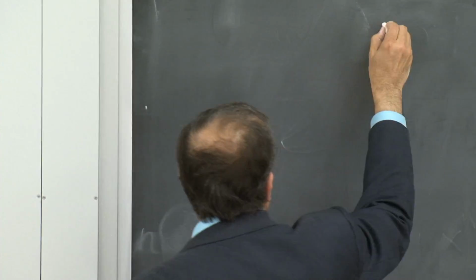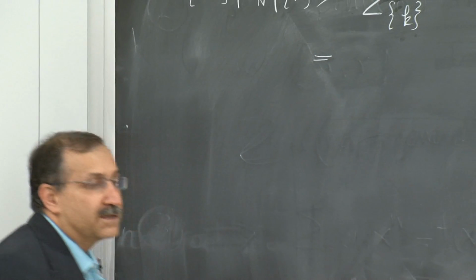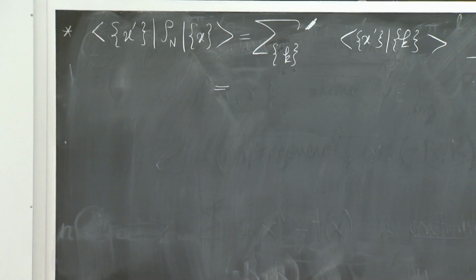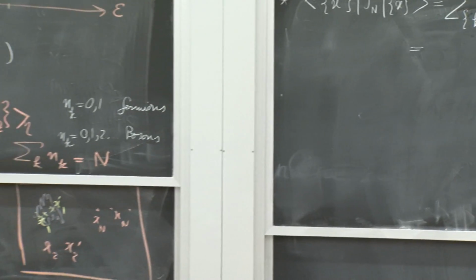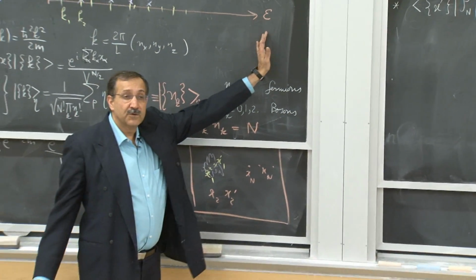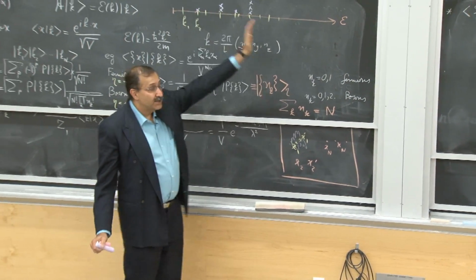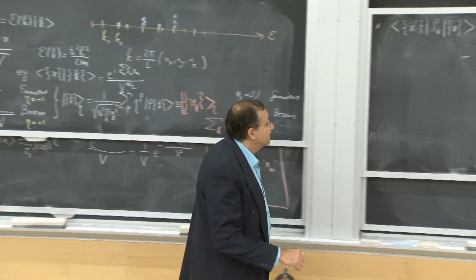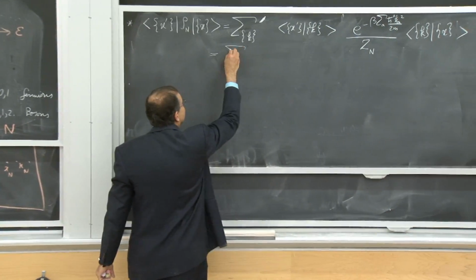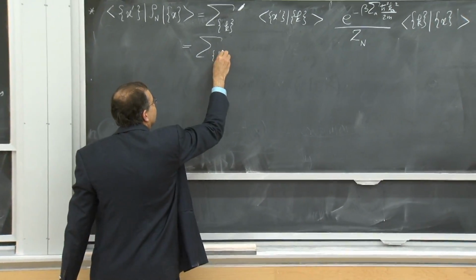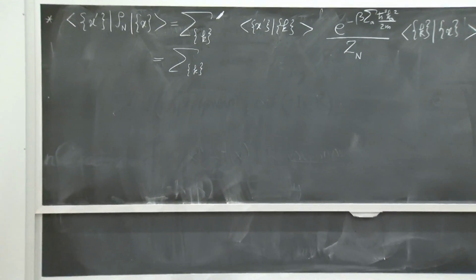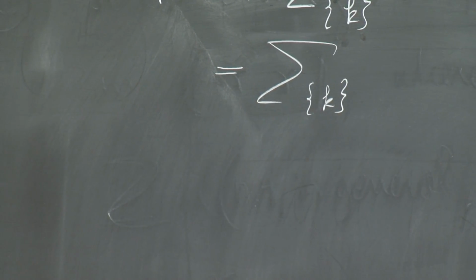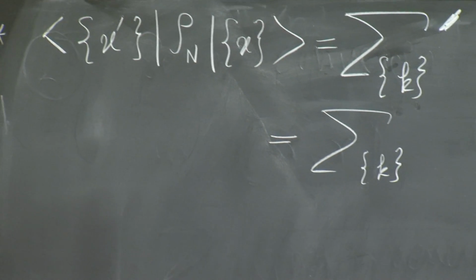Now let's do this. The first thing that I mentioned last time is that I would, in principle, like to sum over k1 going over the entire list, k2 going over the entire list, k3 going over the entire list. That is, I would like to make these sums over k's unrestricted. But then I have to take into account the overcounting that I have.